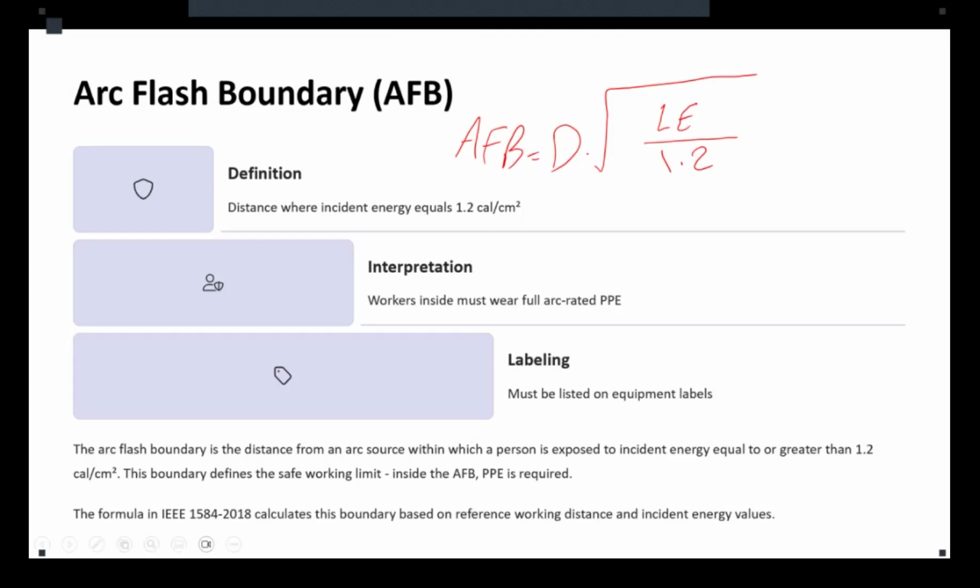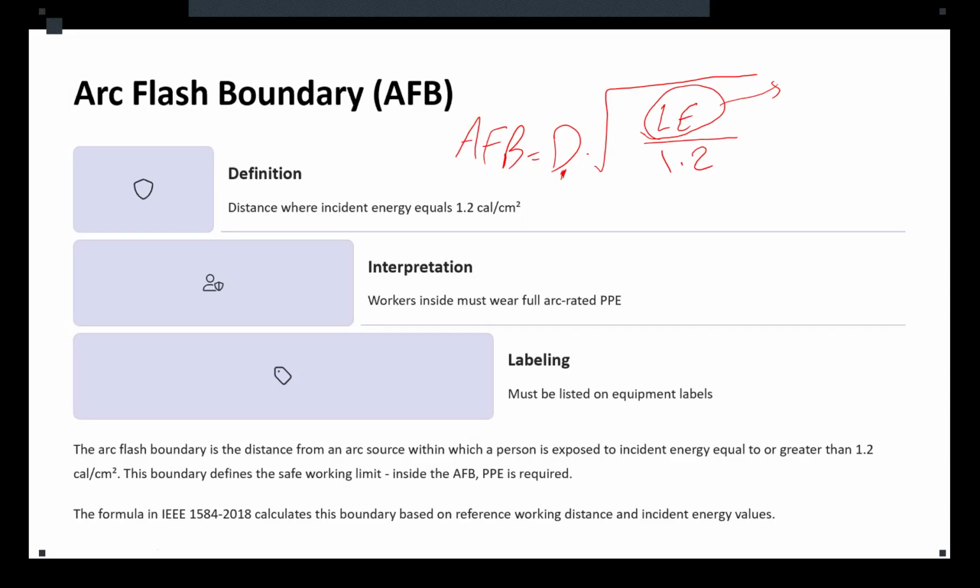Now, that AFB, as we said, is the arc flash boundary. That D is the working distance. And the IE is the incident energy that we have for our specific situation, at that specific distance.